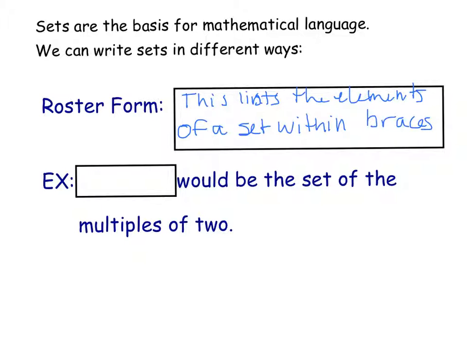And the braces look like this. So it just lists all of the elements of the set within the braces. For example, if we wanted to have the set of multiples of 2, we would start with the braces, and then the multiples of 2 would be 2, 4, 6, 8, etc. So that's roster form.